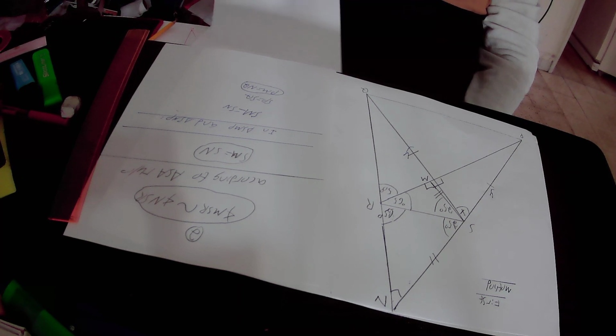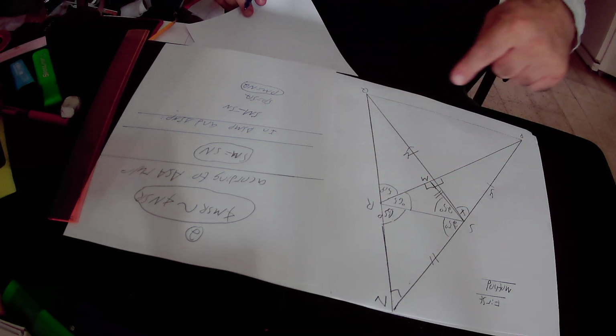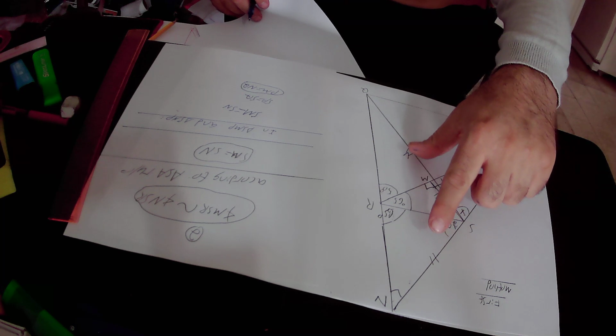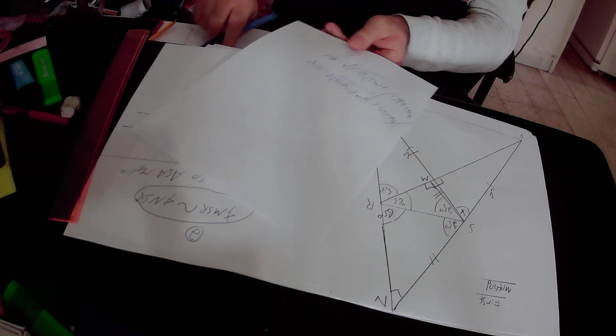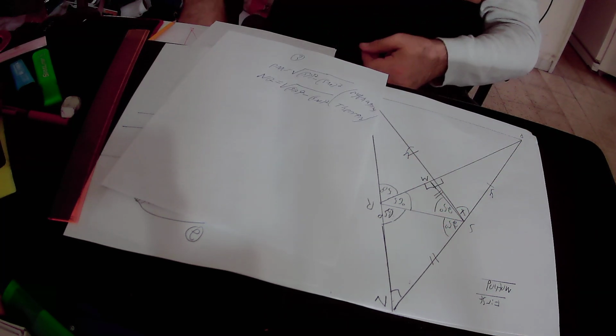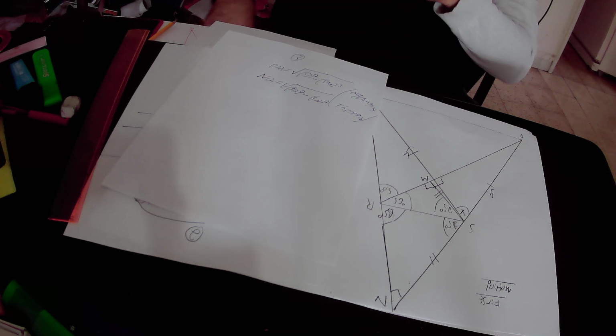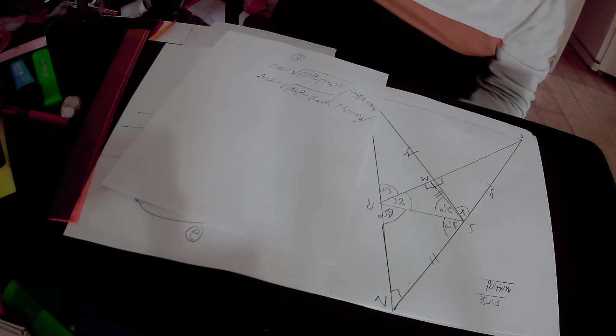Again, the value of side NQ in the right triangle SNQ is equal to the root of SQ squared minus SN squared.